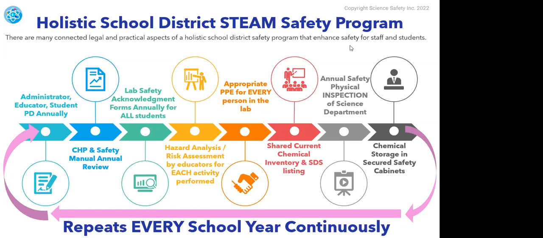This is really, in a real summary form, what you need to be looking at from a risk management perspective, and understand that it repeats every single year. This is not a one and done. This is a continuous, reoccurring event, much like a Mobius strip.